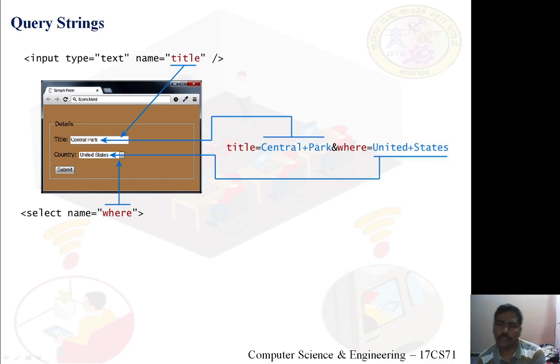One more thing: suppose my input has some other unsafe ASCII characters, how will that be encoded? In this query string you can see that white space is replaced with plus.